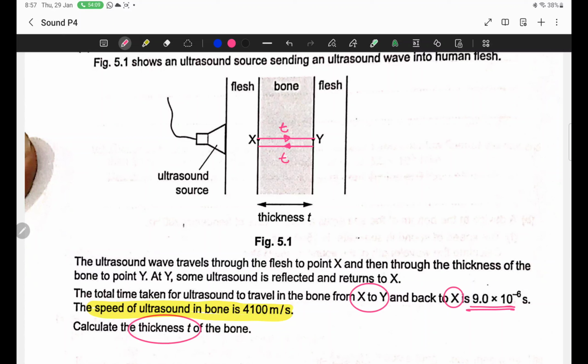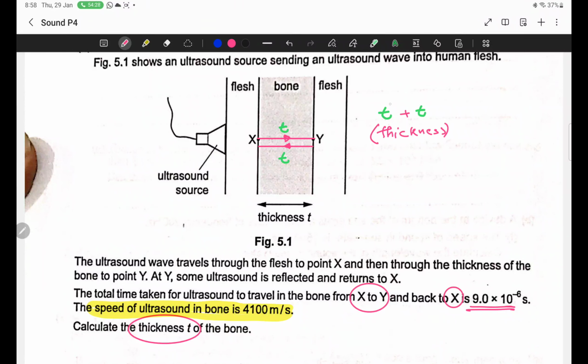You can see the ultrasound covers thickness T in going and thickness T in returning, thickness T in outgoing and thickness T in returning. These are thicknesses, not time.